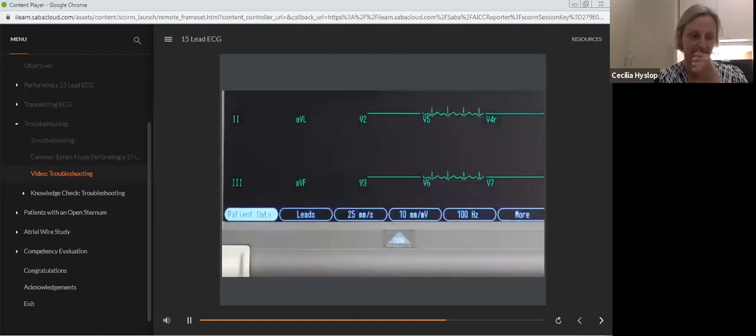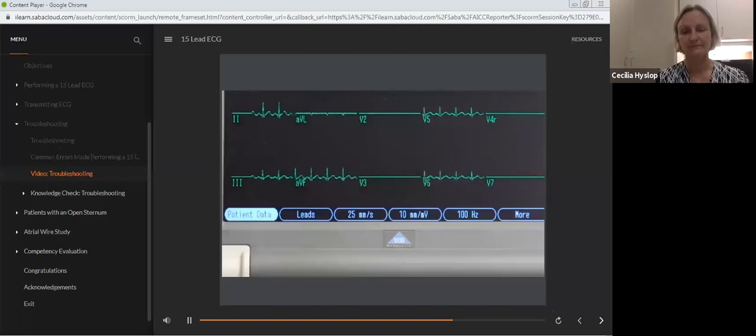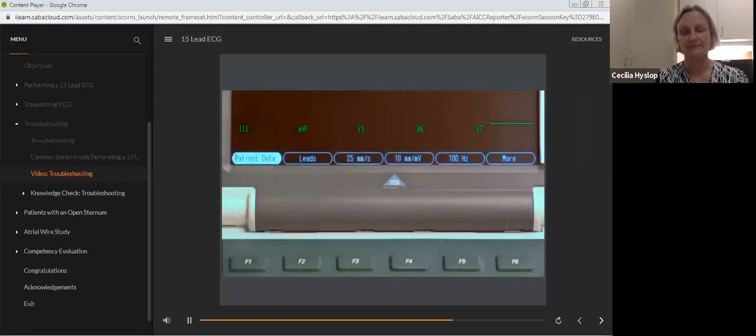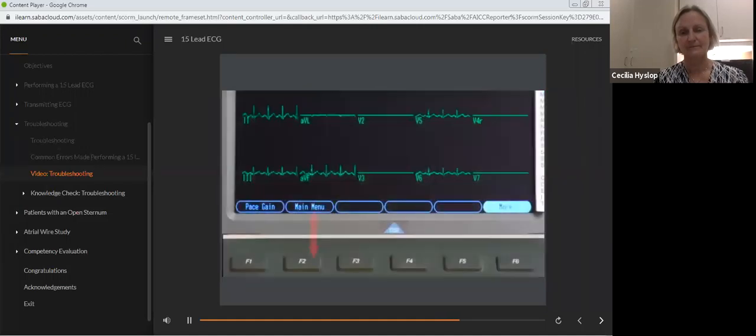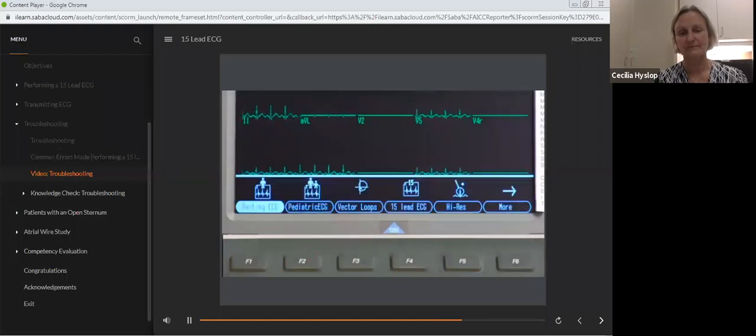If you weren't able to automatically transmit the recording, we will now need to manually transmit the ECG. To do so, we are going to go to More, which is indicated by the F6 button, and go to the main menu, which is now at the F2 position. We then need to get to the File Manager, so again we're going to select More and select File Manager, which is at the F1 position.